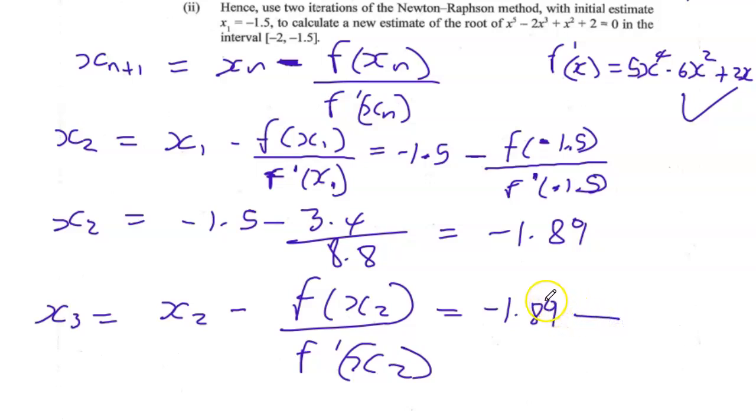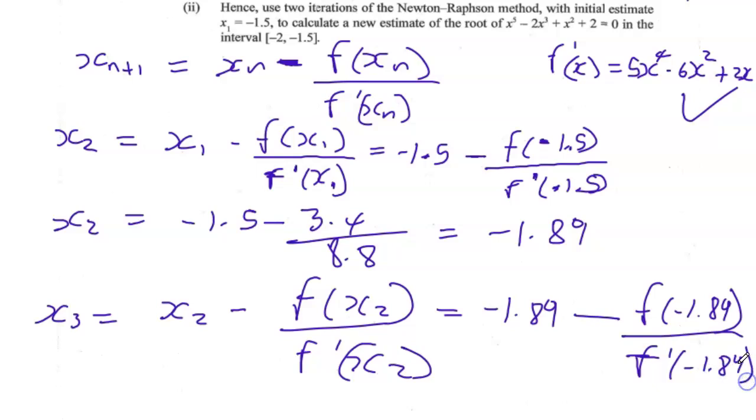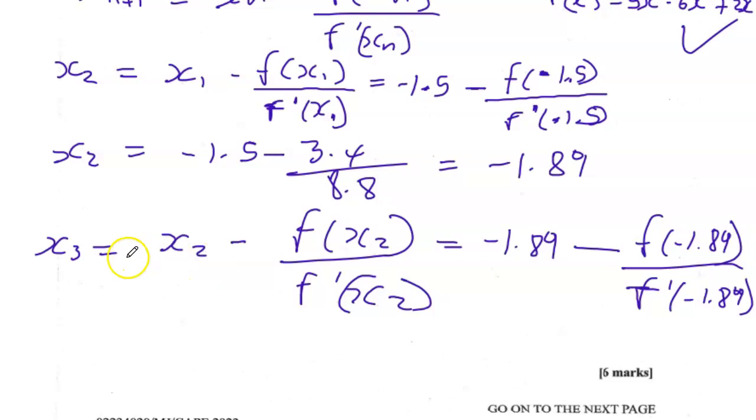Minus, and this time we'll be substituting f of negative 1.89 over f prime of negative 1.89. So in the numerator, we plug negative 1.89 in f of x. In the denominator, we plug negative 1.89 in the derivative f prime.